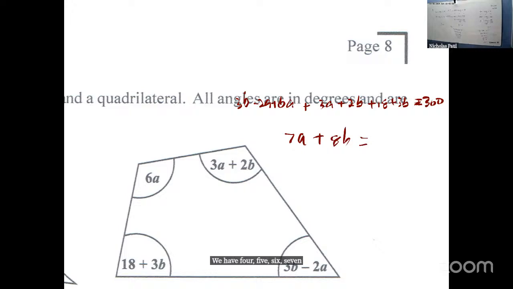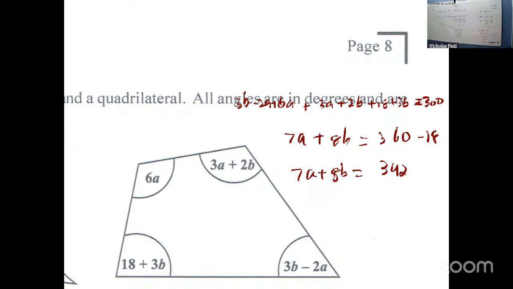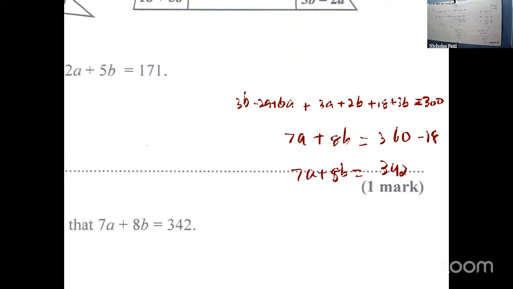Right, nice. Equal to 360 minus 18. So that's 7A plus 8B is equal to 342. Nice. Good. And hopefully you can handle the rest.